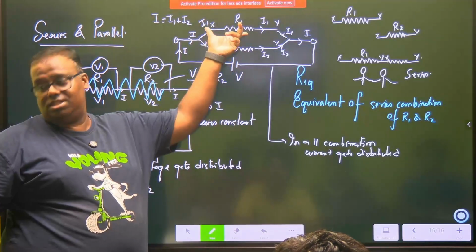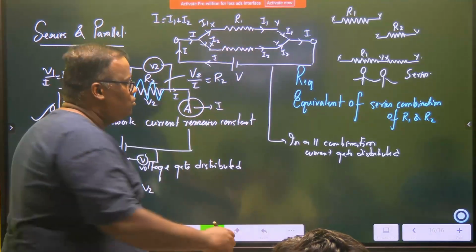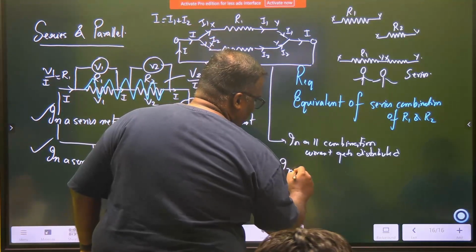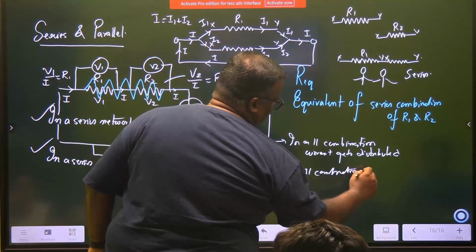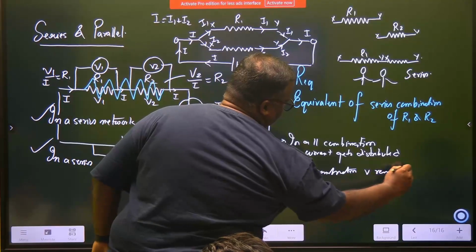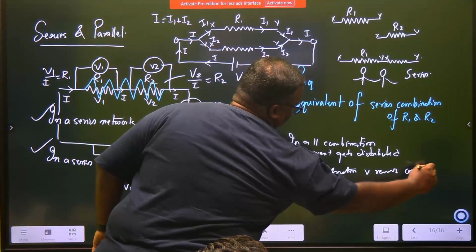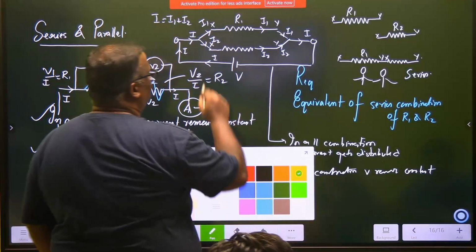The same V is sensed by R1. V is not splitting up. So we say in a parallel combination, voltage remains constant.